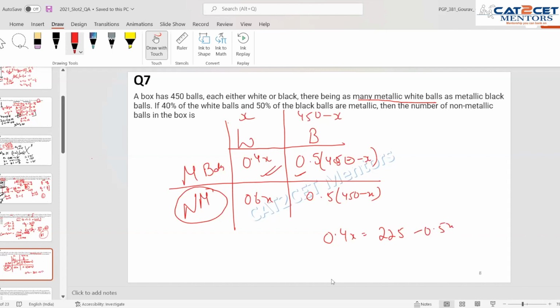They are equal, so it will be 0.9x equals 225, and we will get the value of x as 250. Okay, so this will be 150, and this will be 450 minus 250 times, so this will be 100. So the answer that we will be getting is 150 plus 100 equals 250.